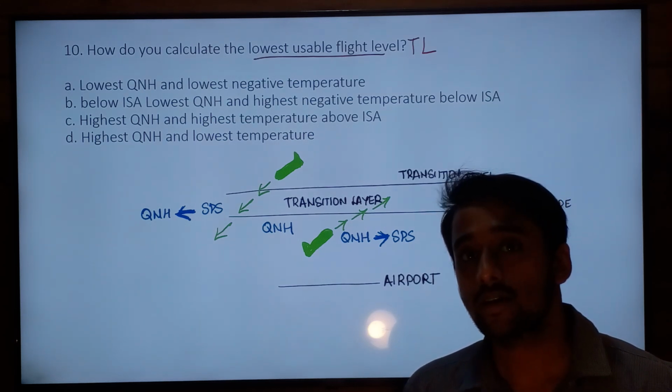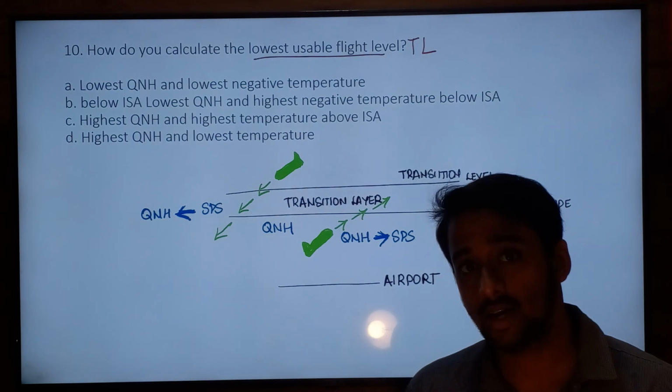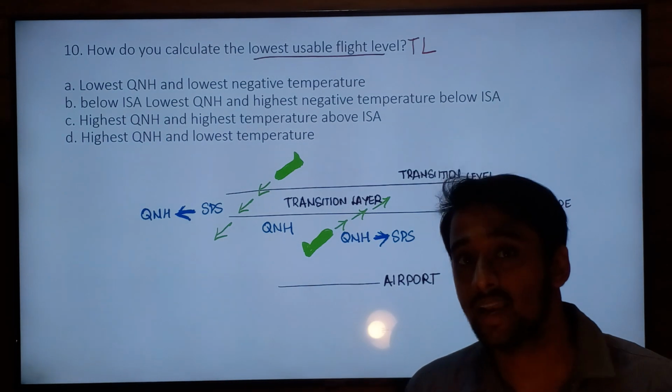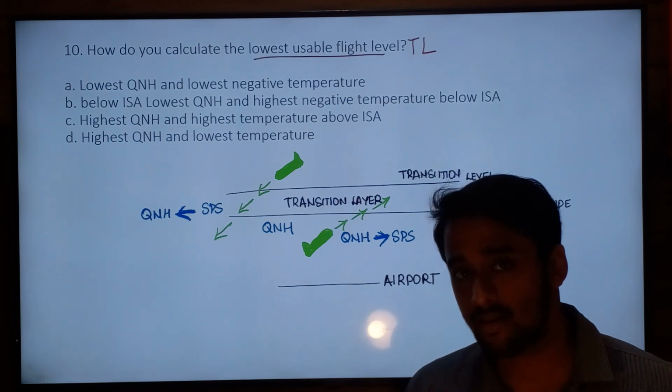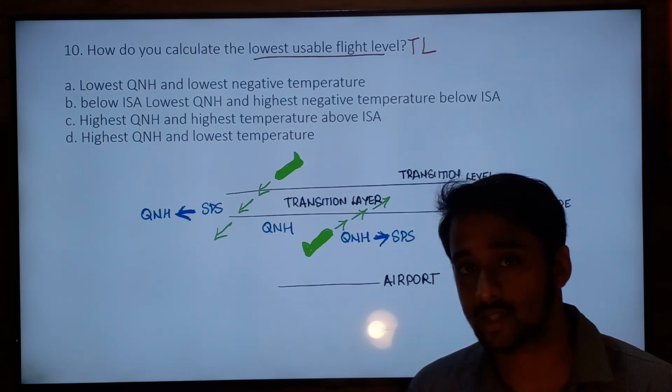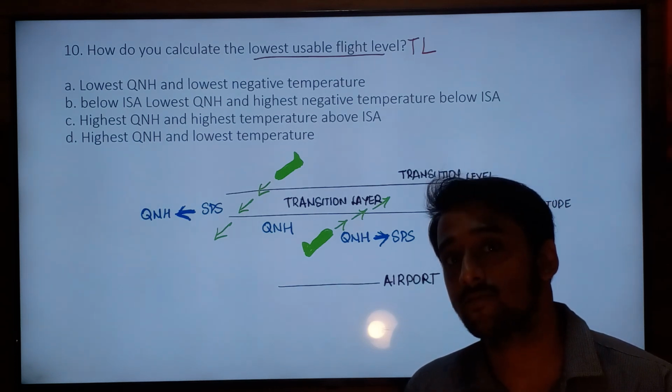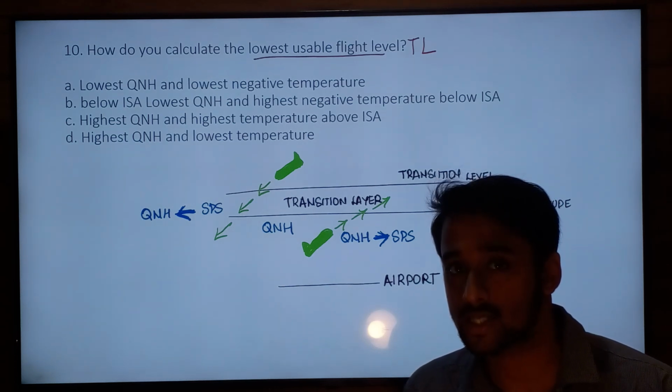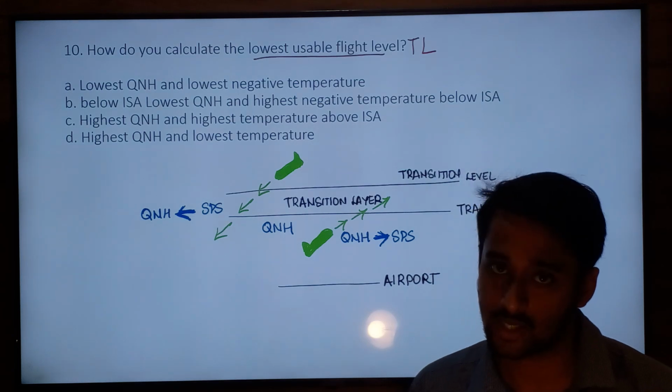And when these two atmospheric conditions become very intense, for example, if the temperature becomes more and more colder than ISA, the error due to temperature will become more and more, and it will become more unsafe to fly in such a colder air mass.